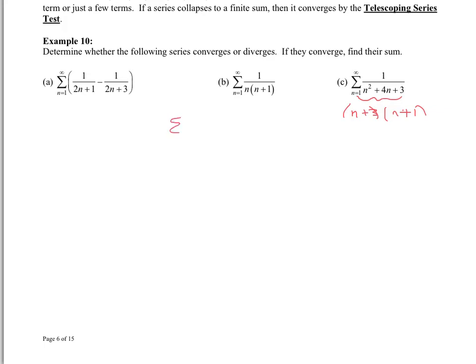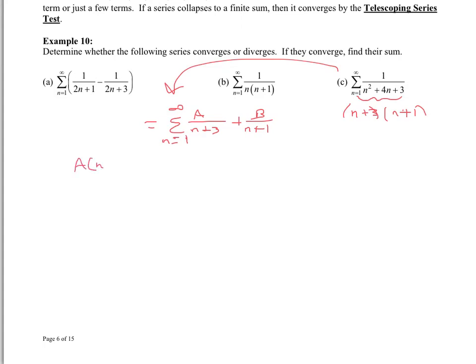So those are going to be the denominators of our sum that we're going to break this down into. So, to give myself some room, I'm going to write it way over here. So the series is n goes from 1 to infinity of 1 over n squared plus 4n plus 3. We're going to write it as A over n plus 3 plus B over n plus 1. Okay, so we do the same thing again.